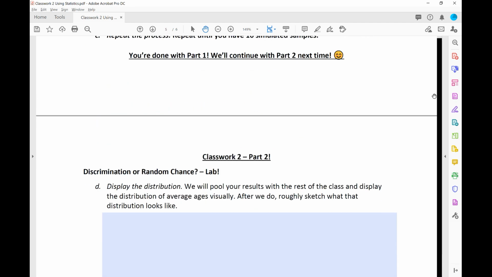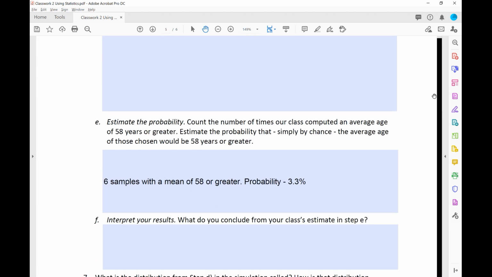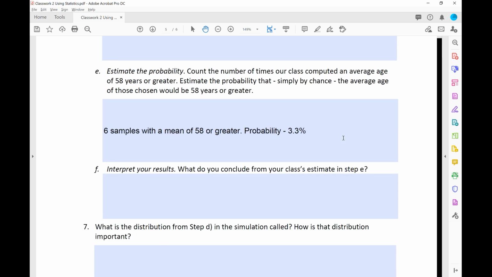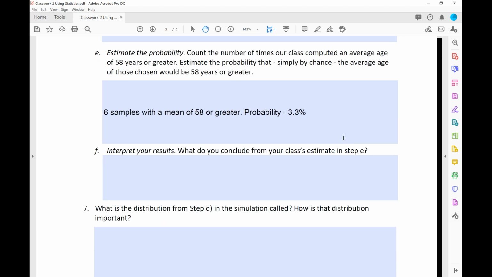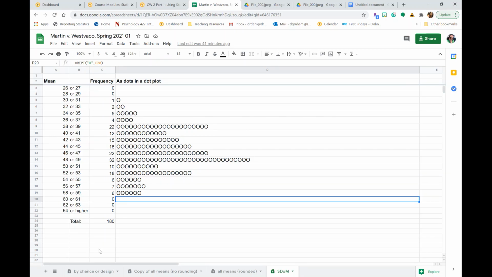Okay, so we have discovered that we ran this scenario over and over, and noted the data each time that we got it in our spreadsheet.